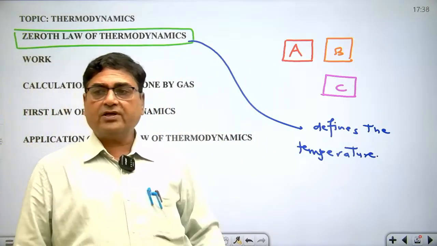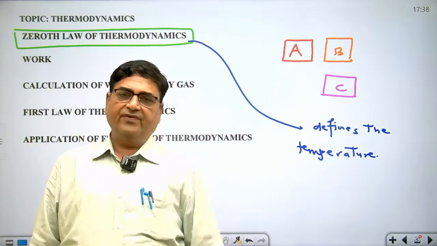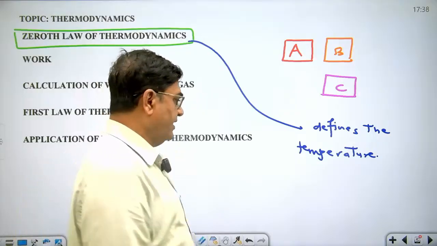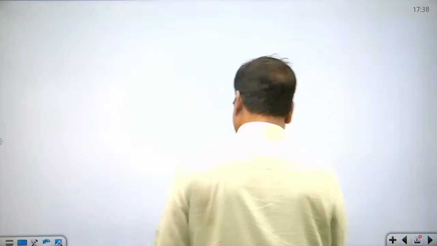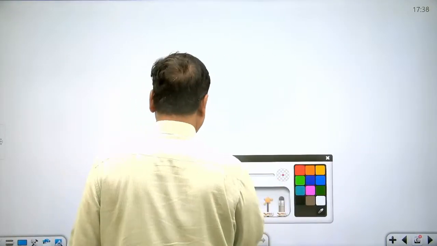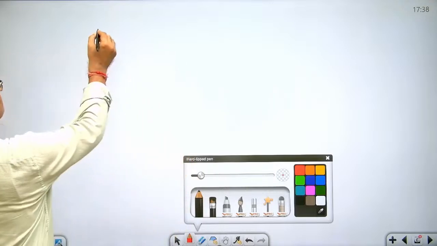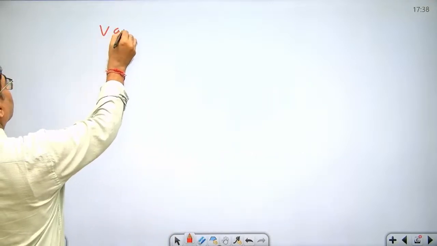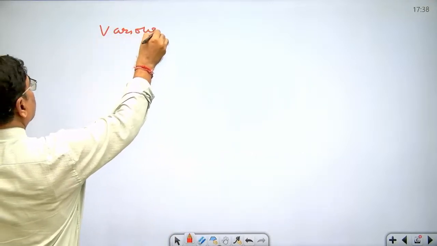Now I am telling you the concept of making various temperature measuring scales. Okay, that is very important.